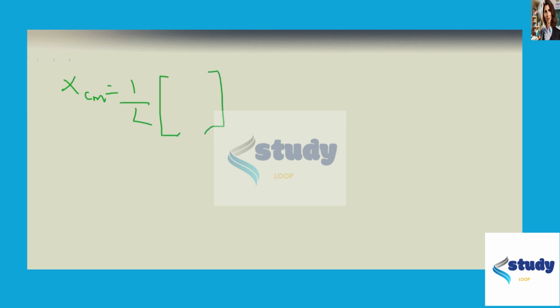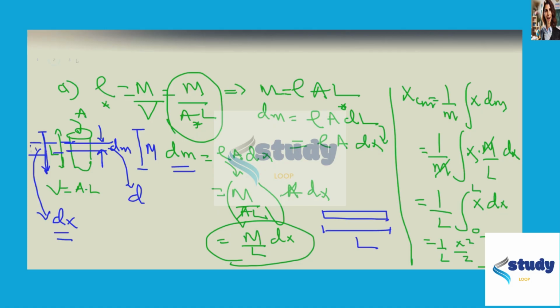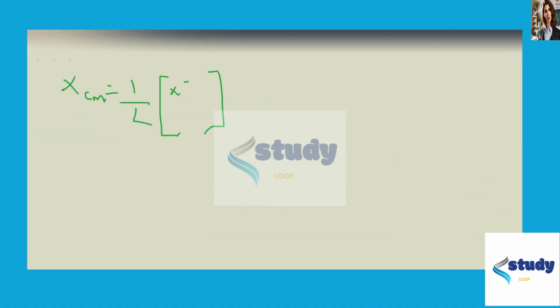This one is a constant, so it can stay outside. We have x squared over 2, 0 to L. And this is decent because now if we plug in the L, we get L squared over 2, and then minus 0, because if you plug in 0 into x, you just get 0.